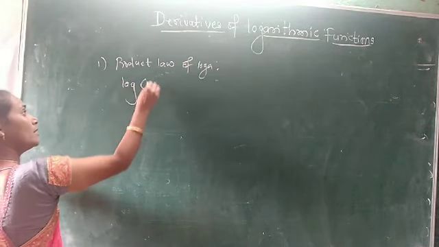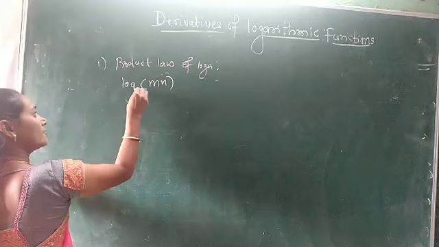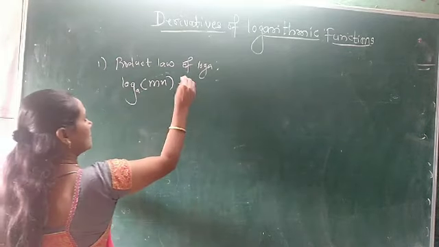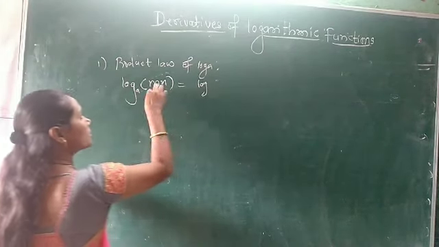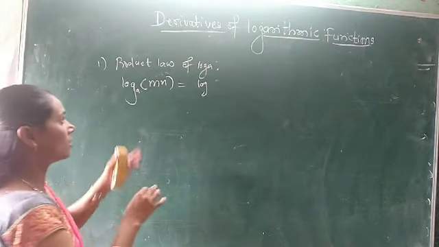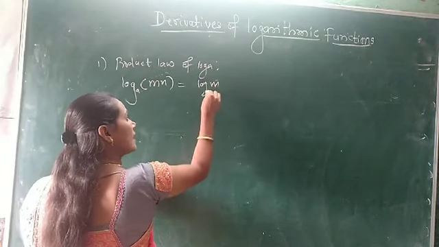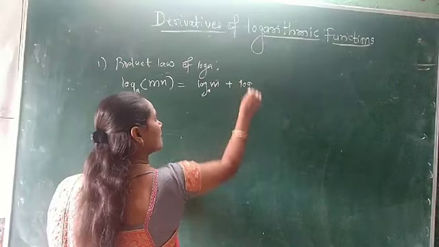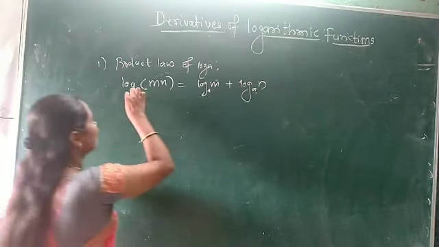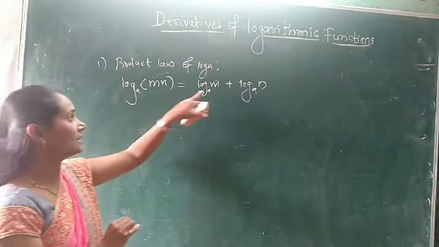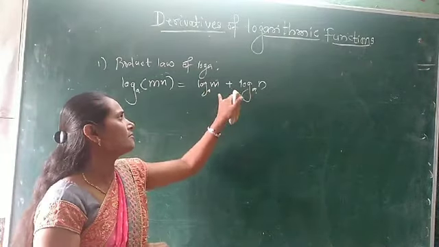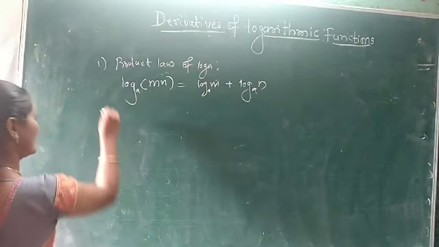Log of mn with base a. If there is a product of two functions, then in logarithm there is addition by splitting. So log of mn is written as log m plus log n with base a.